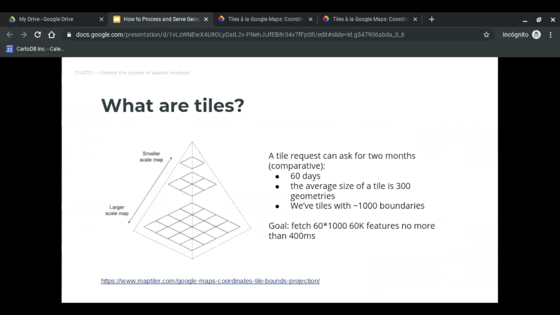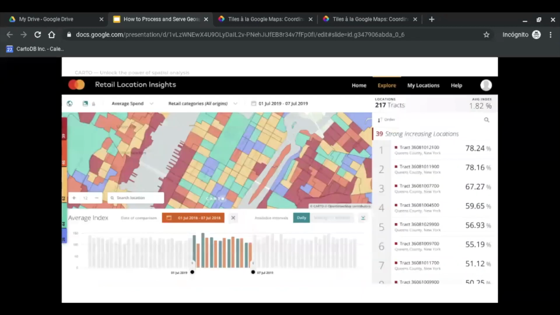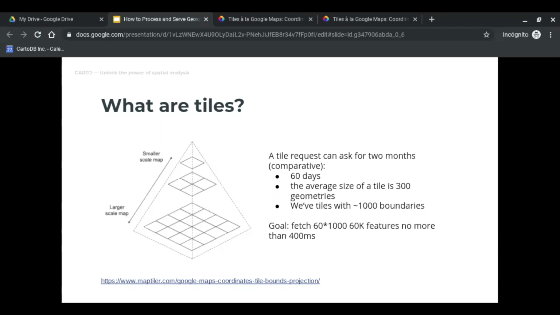And here, if you remember what a tile is, let's focus, for example, on rendering this part of the map. This small corner over here is just a tile that we need to ask for the data. A tile request can ask for 2 months, because we talked about the comparative mode, so we are going to ask for 60 days. The average of a tile is pretty much 300 geometries.